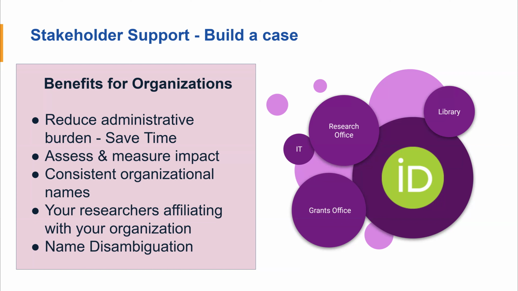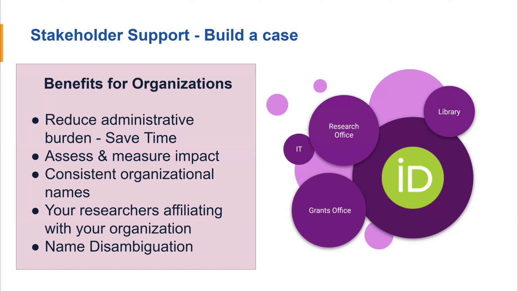So it's really about reducing administrative burden. So essentially, you are saving time. We're also looking at assessing and measuring impact. So it could be from the funder's standpoint. We're also looking at a consistent name for your organization. So we saw a little bit earlier about the source name for, say, an employment affiliation.